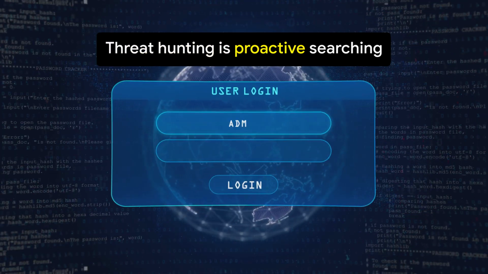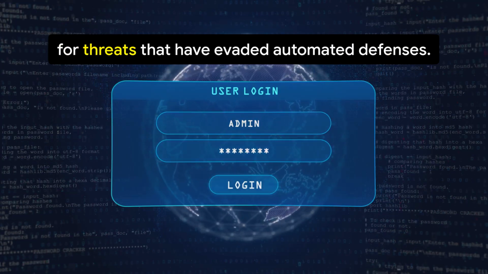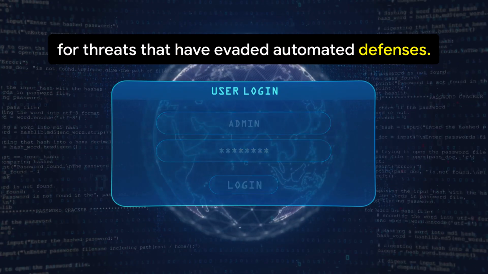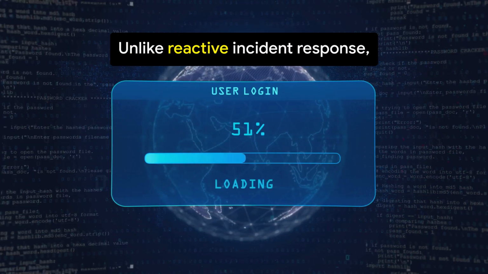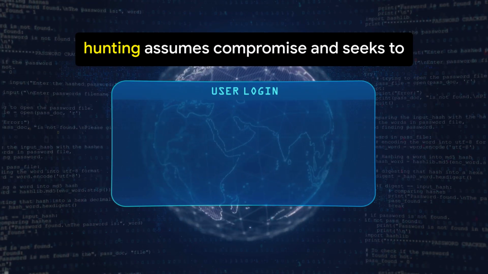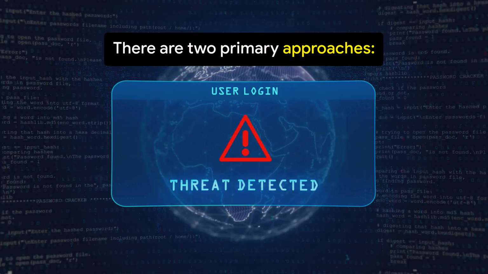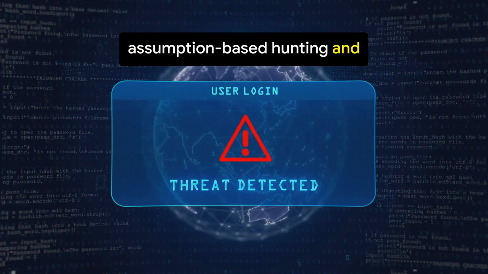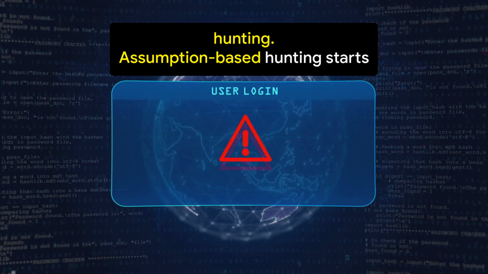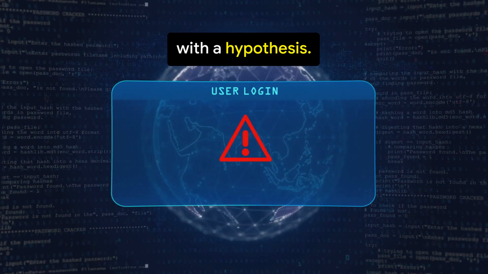Threat hunting is proactive, searching for threats that have evaded automated defenses. Unlike reactive incident response, hunting assumes compromise and seeks to find it. There are two primary approaches: assumption-based hunting and intelligence-driven hunting. Assumption-based hunting starts with a hypothesis.